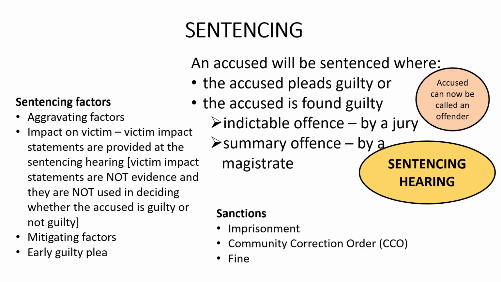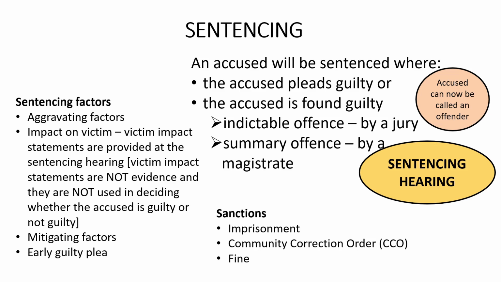Note that information about the impact of the offence on a victim is given through victim impact statements that are provided at the sentencing hearing, that is, after the hearing or trial at which an accused who pleads not guilty is actually found to be guilty. A victim impact statement is not evidence and is not used in deciding whether the accused is guilty or not guilty.